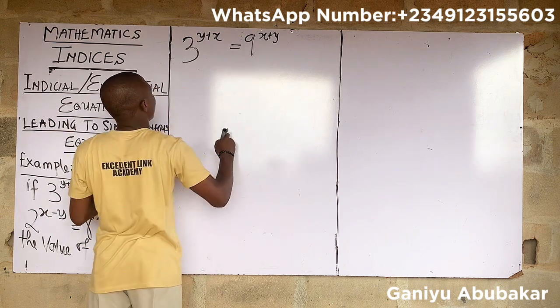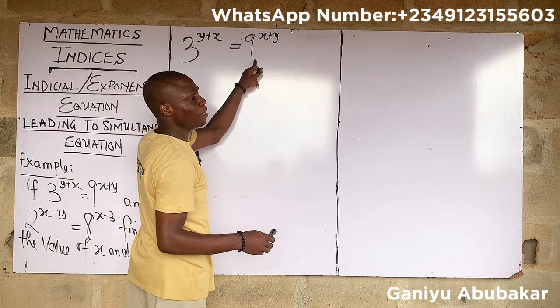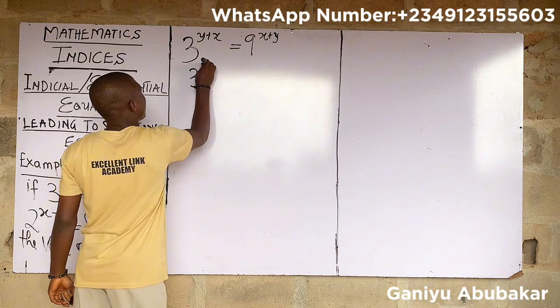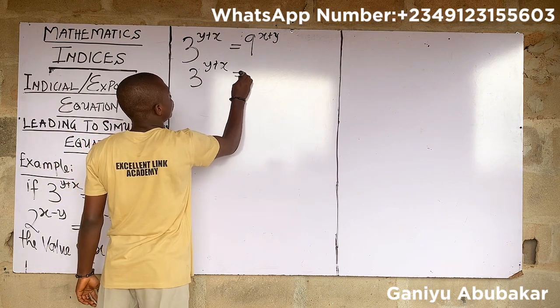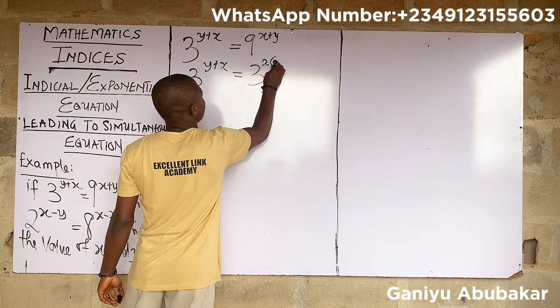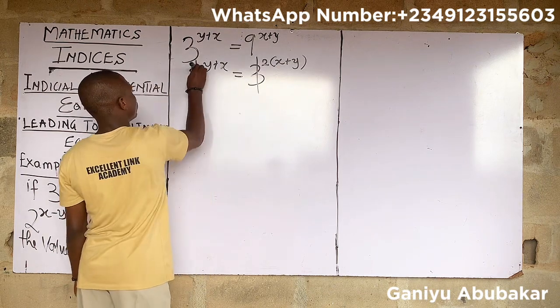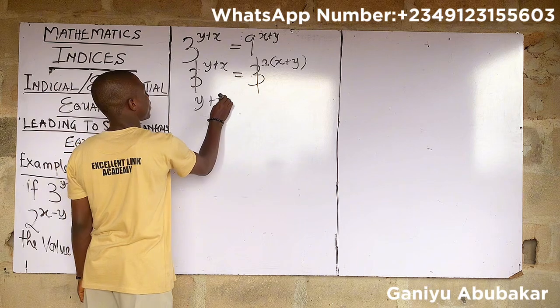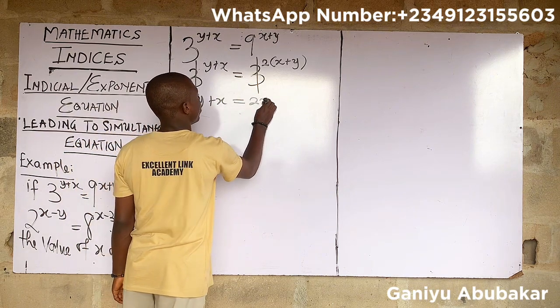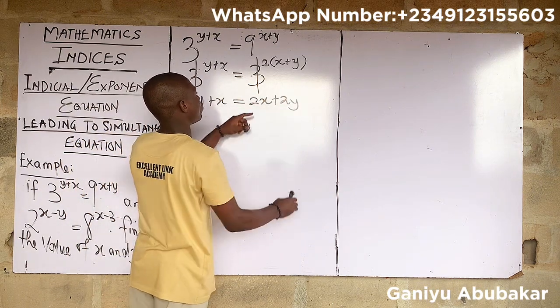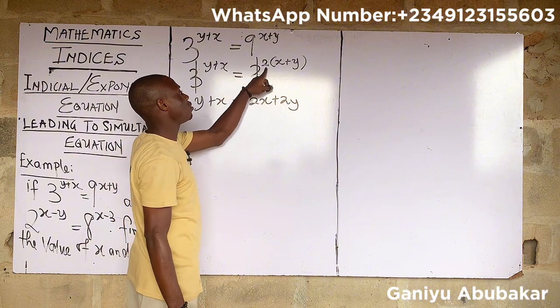My very first step is that I'll express this in terms of the same base. So I have 3 to the power y plus x equal to 3 to the power 2 into x plus y, right? This one, we cancel this. That becomes y plus x equal to 2x plus 2y. Of course, 2 times x, 2x, 2y.